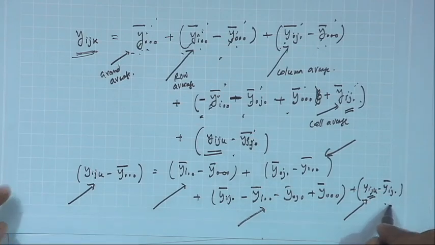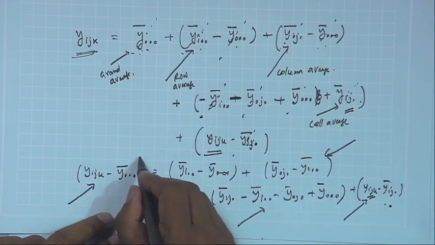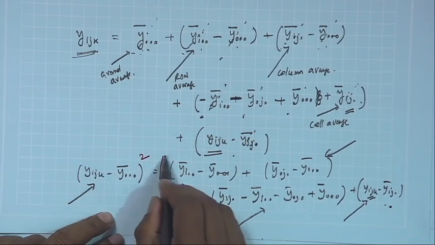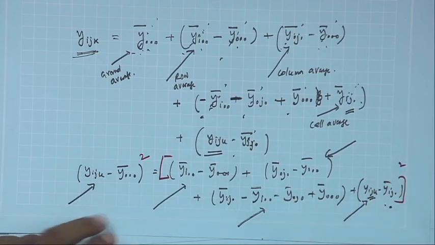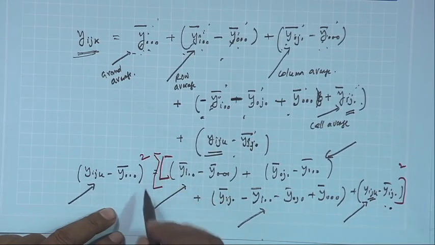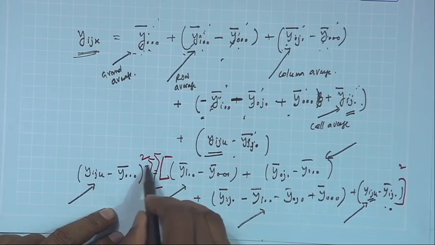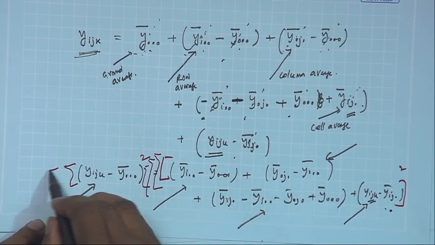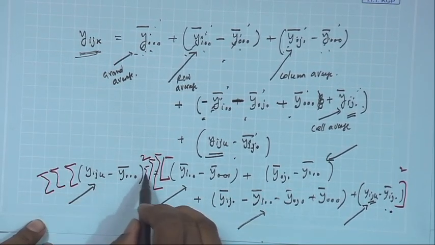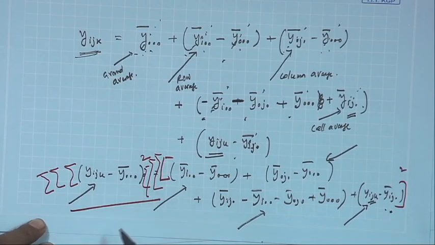This is the partition. Now what you can do is square it, then take the sum, a triple sum here and here also, and you will ultimately get this kind of result.